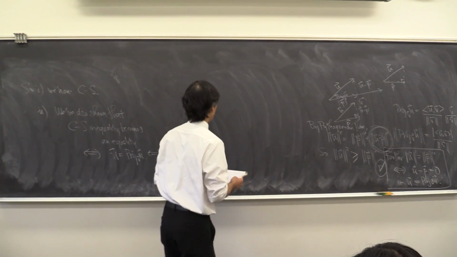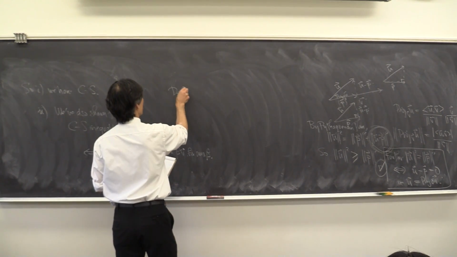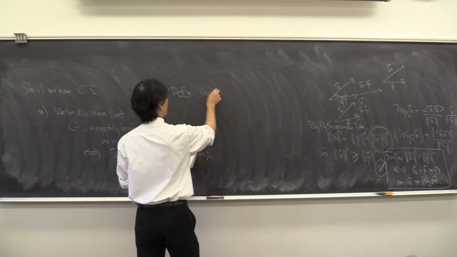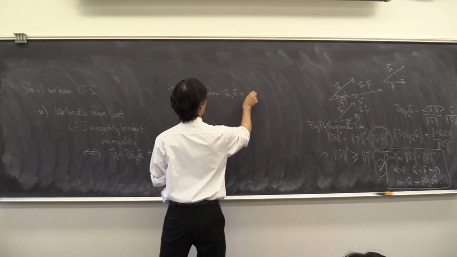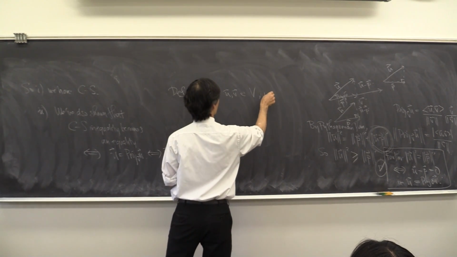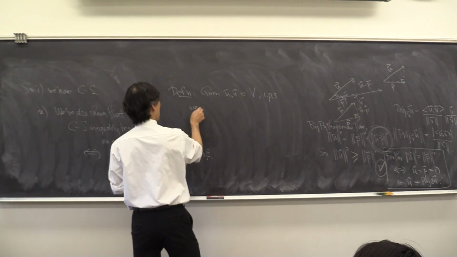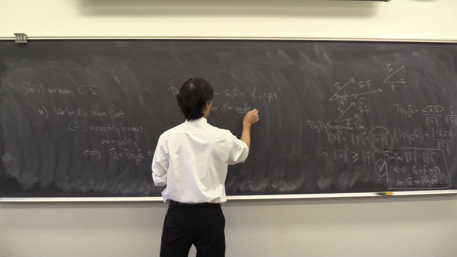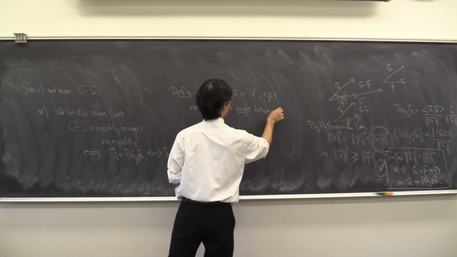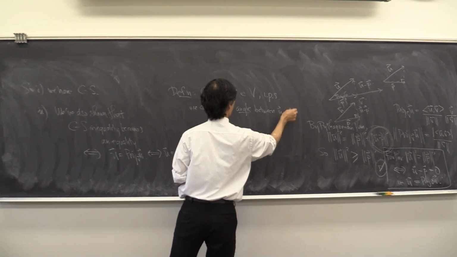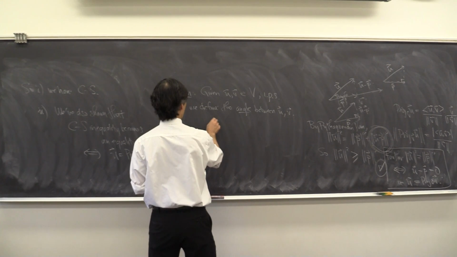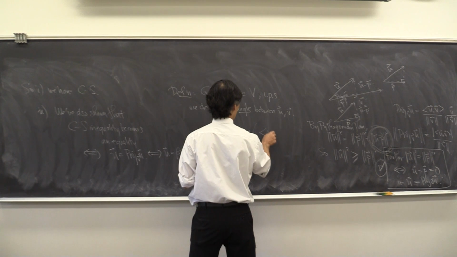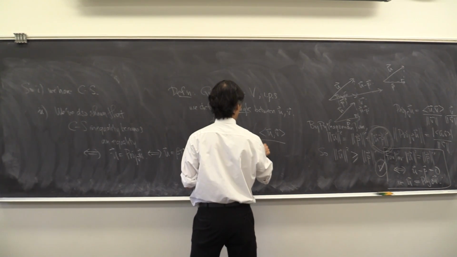Now we can do something really peculiar: given two vectors in an inner product space, we define the angle between U and V to be the arc cosine of the inner product of U against V over the product of the magnitudes.